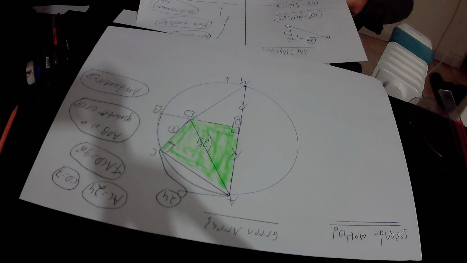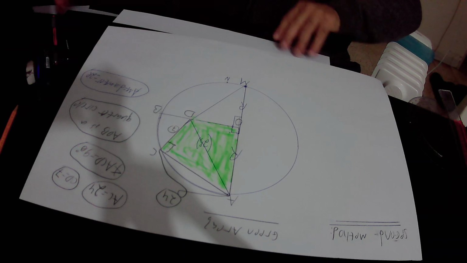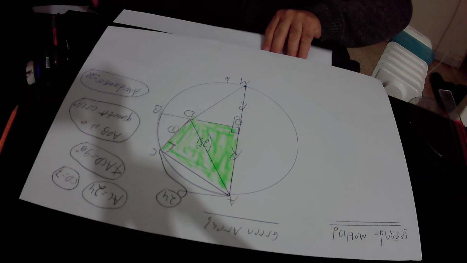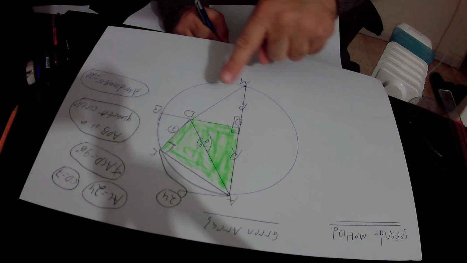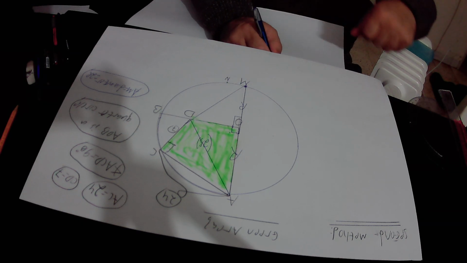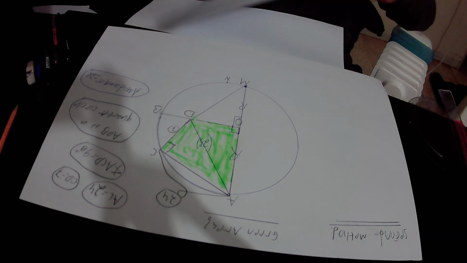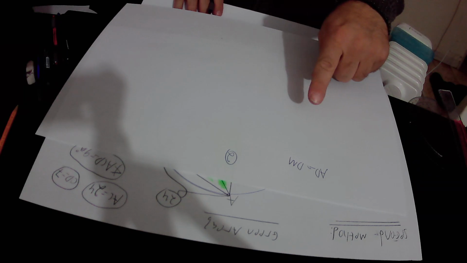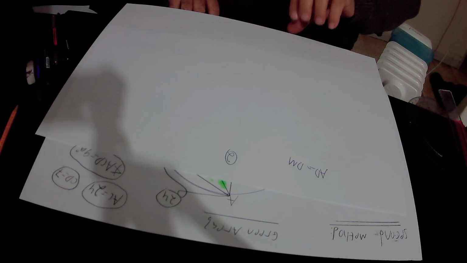And from the fact that those two right triangles are congruent to each other, we conclude that side AD in the green triangle equals side DM in the right triangle. AD equals DM, according to the rule that corresponding sides in congruent triangles are equal to each other.